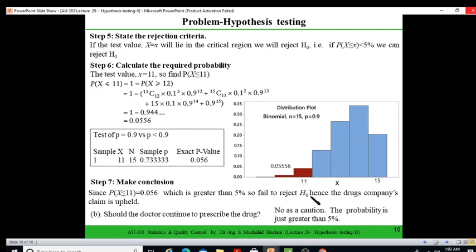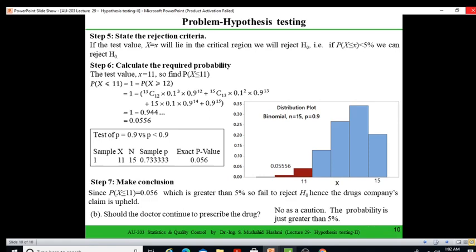If the value were 12 or 13, then the p-value would come out much greater than 0.05. So we cannot say that it is so strong. This is how the p-value is useful when judging whether the evidence is stronger or weaker.